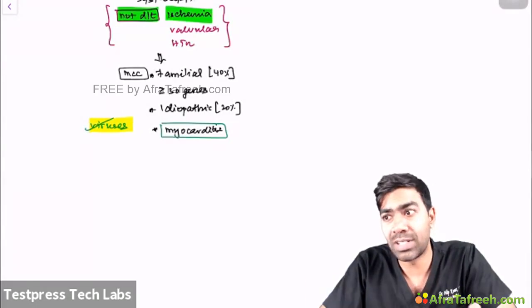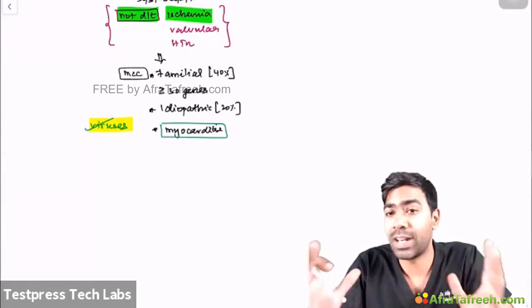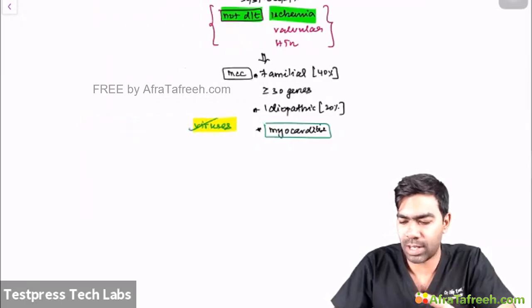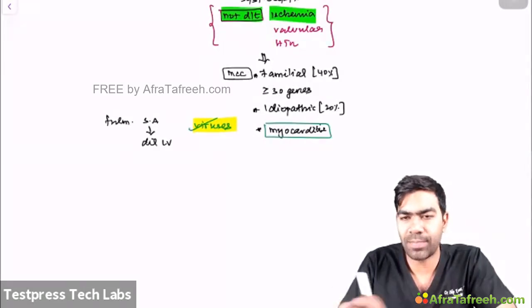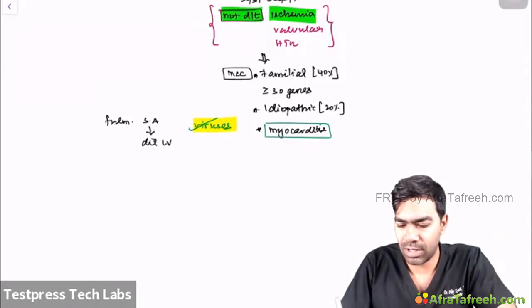Even though fulminant comes with severe LV dysfunction, they will not have LV dilatation. There are two things that are happening. For example, if you talk about fulminant versus subacute, subacute tends to present with a dilated LV, but they won't have an edematous LV. Generally, they tend to have only mild to moderate LV dysfunction.